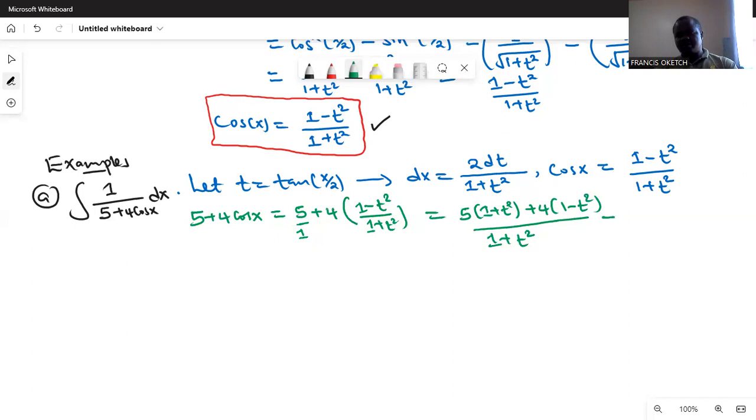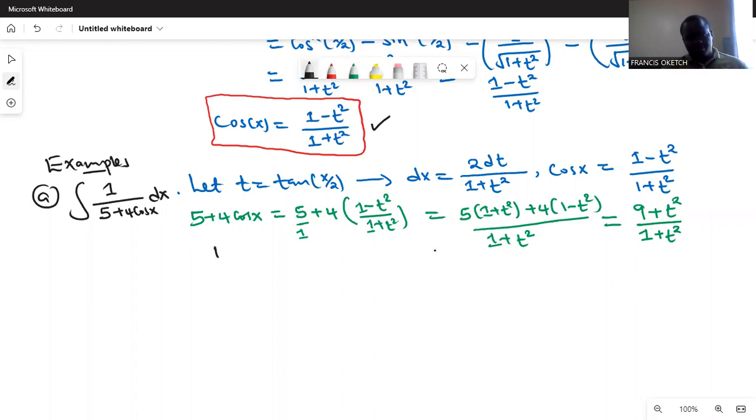So that will give us 9. Remember, 5t squared minus 4t squared gives us plus t squared. Everything over 1 plus t squared. So that is the denominator.